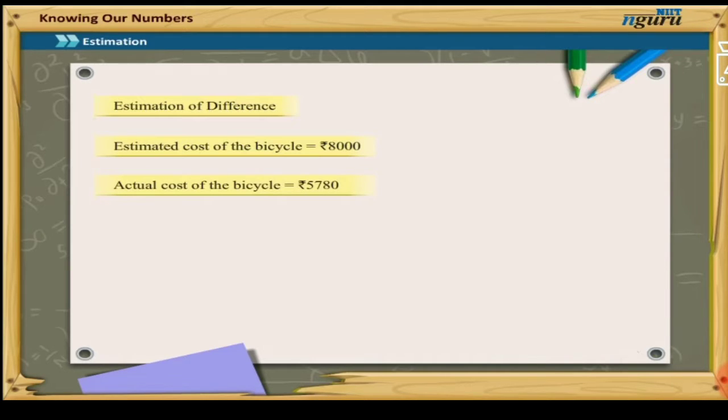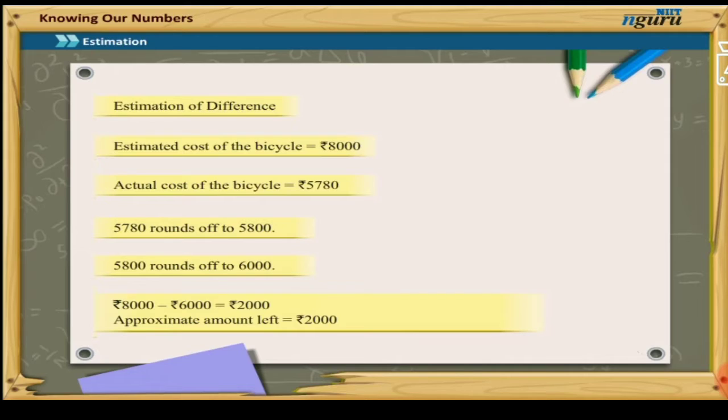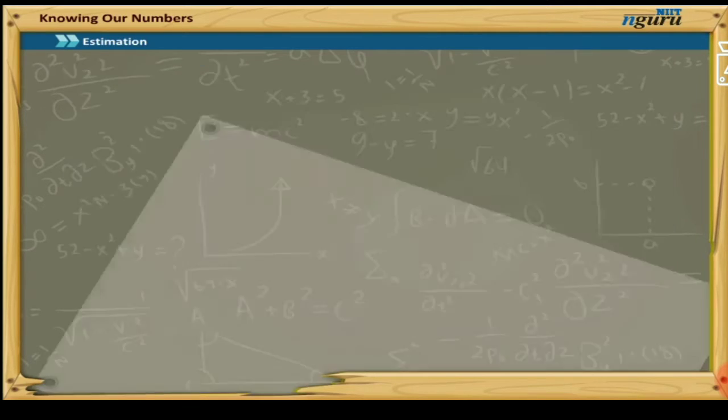On rounding off to its nearest tens, 5,780 becomes 5,800. On rounding off to its nearest hundreds, 5,800 rounds off to 6,000. Since 6,000 is a more meaningful estimate, we subtract it from the initial estimated cost. So we can say the estimated difference is 2,000 rupees.